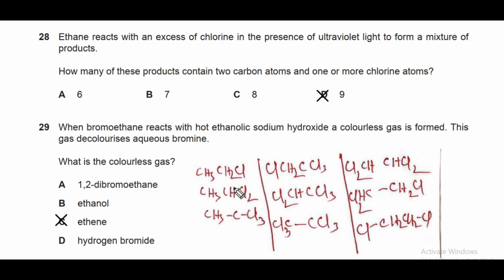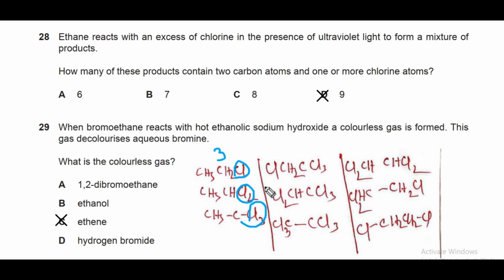This is the 9. First, one hydrogen is replaced by a chlorine atom. Second, two hydrogens are replaced by two chlorine atoms. Three hydrogens replaced by three chlorine atoms. This is the first 3.